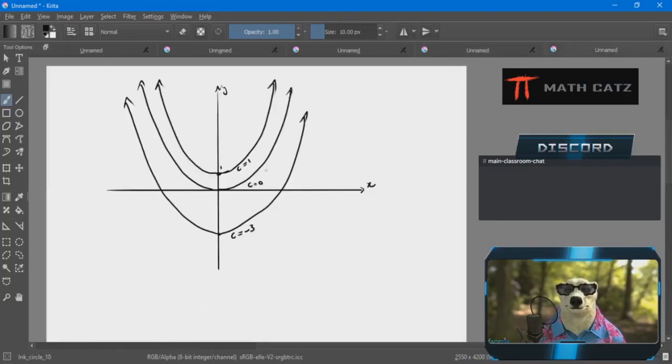Now, none of these graphs overlap. What you have to give me in the question is just a point, any point, on the graph that you want, and that will then tell me, okay, it's not this one, it's not this one, it's specifically this one graph, this one function.